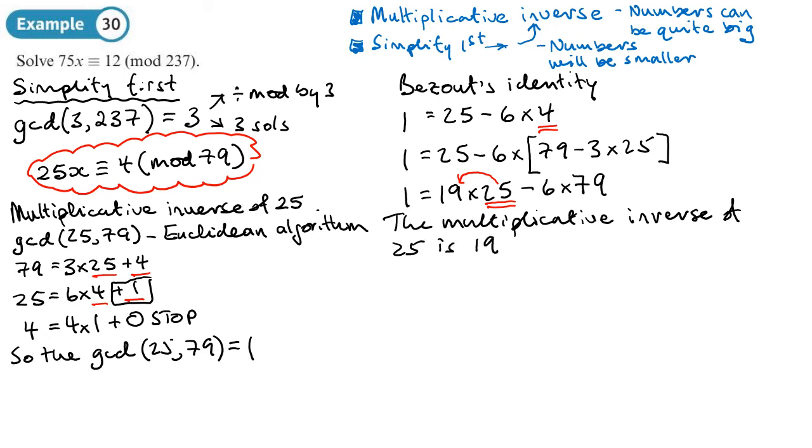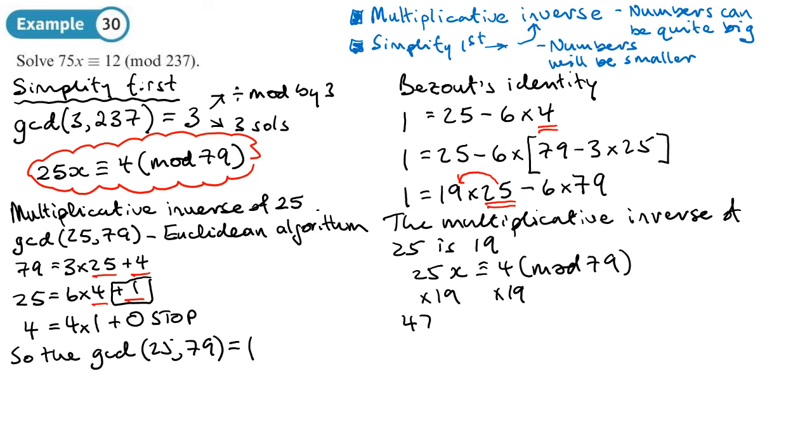So now I take my equation, 25x is congruent to 4 mod 79, and I times both sides by 19. I think I'll need a calculator for the 25 times 19. That's 475.